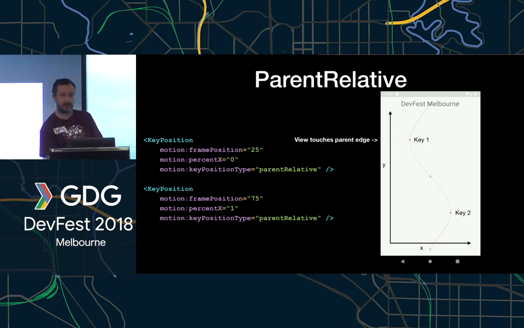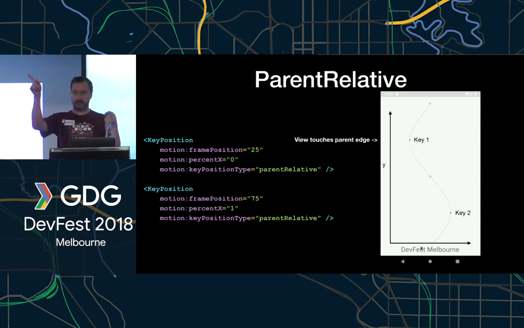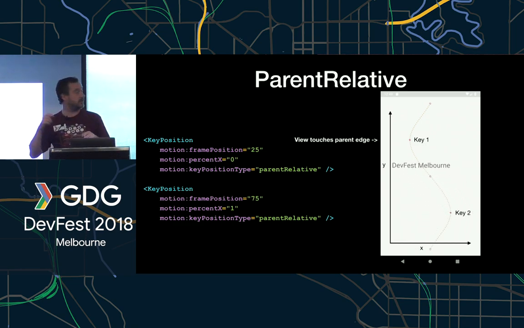Now you'll notice that the dotted line down the middle, which is the path that the widget is going to take, doesn't actually touch the edges of the screen, as you might imagine. If you say I want to go from 0 to 1, it's going to go all the way to one edge and then all the way to the other edge of the screen. The actual part that defines where the path is going to go, the path represents the middle of the widget.